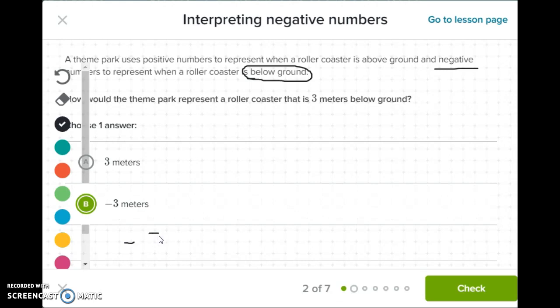Always we need to have a negative, because we can't just put 3. We would mistake that for a positive. So we must always put a negative 3.